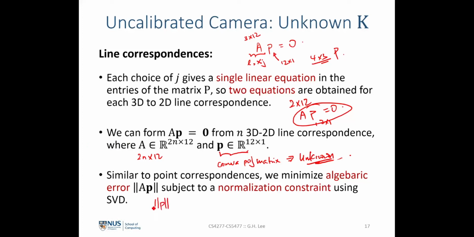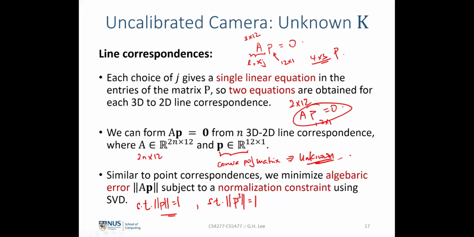The first one would be subjected to the norm of P to be equals to 1, which is the preferred choice here. And the second case that we have looked at would be to subject the third row, the last row of the first 3 by 3 entries of the camera projection matrix to be equals to 1.